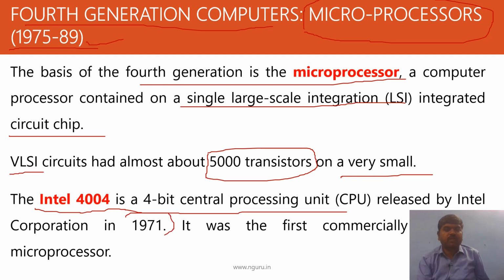It was the first commercially built CPU using microprocessor technology. Intel 4004 is the first microprocessor that is available commercially.